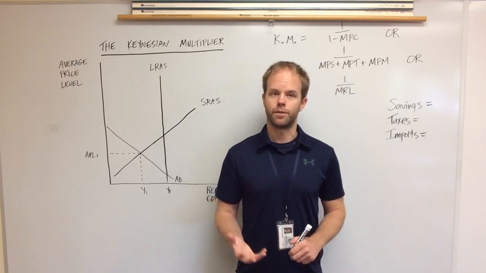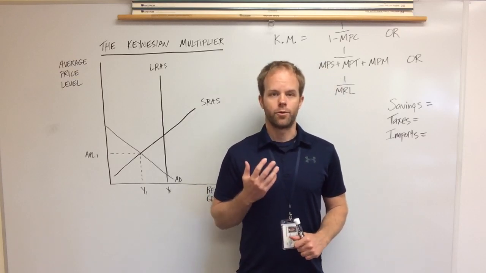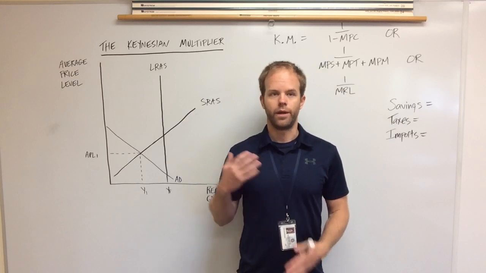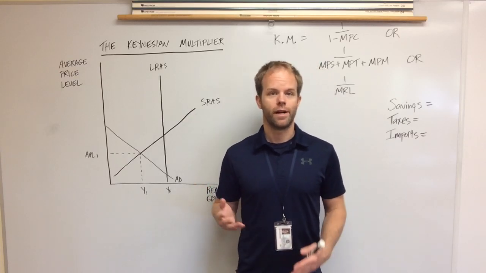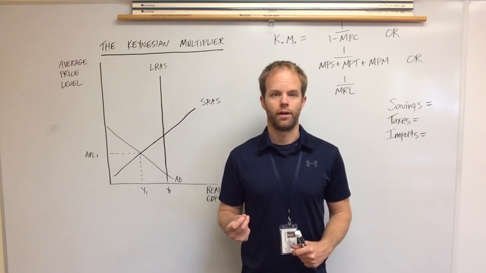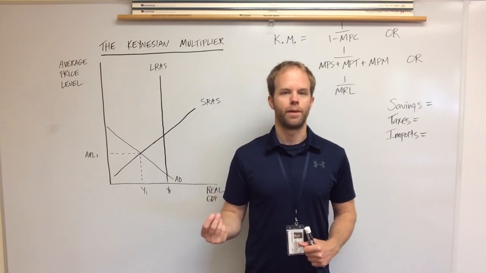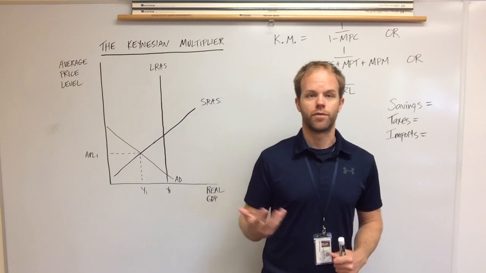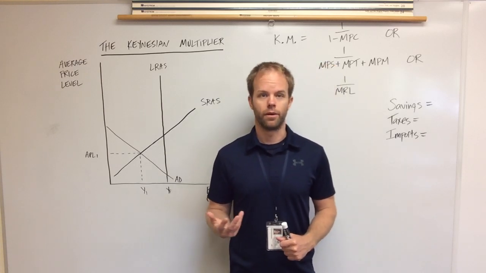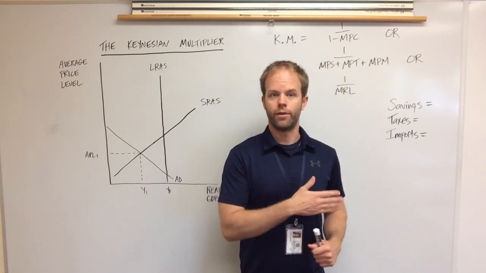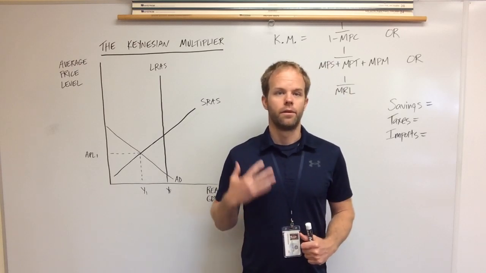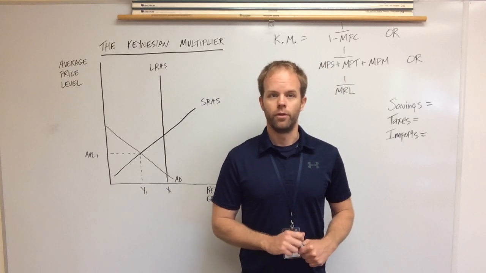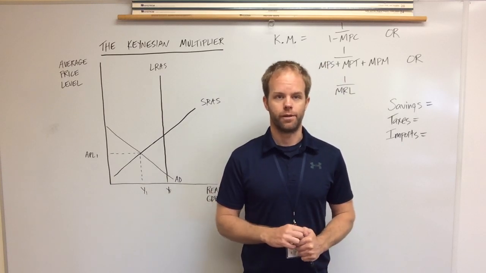So the Keynesian multiplier comes from the idea that we can understand from our circular flow diagram that once $1 is spent, it's not just spent once, right? A dollar of spending by a consumer will be $1 in revenue for businesses, and businesses re-spend their revenue on factors of production, right?